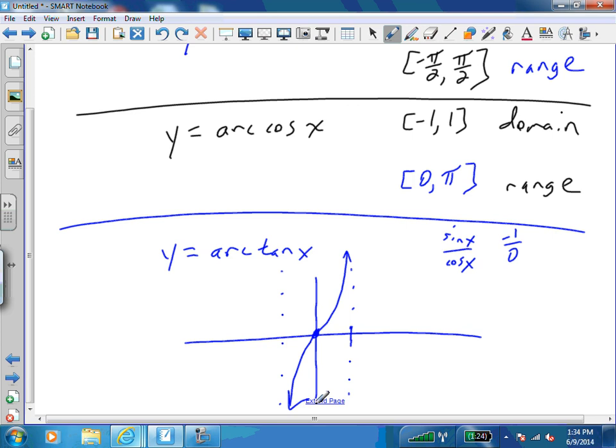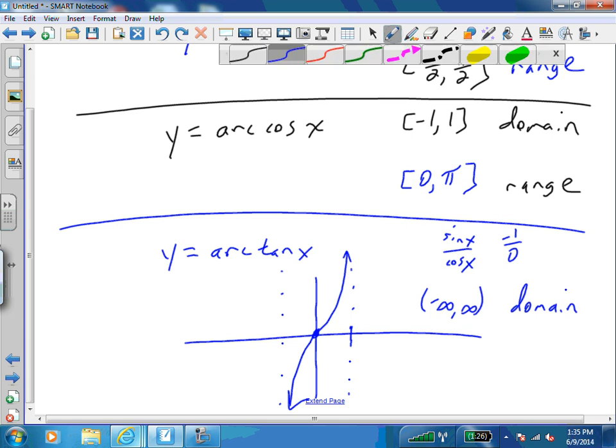So the domain for tangent, not for arctangent, but the domain for regular tangent is -infinity to positive infinity. I'm sorry, that's not the domain, that's the range. The range of regular tangent is -infinity to positive infinity. So when we do arctangent, that becomes our domain.